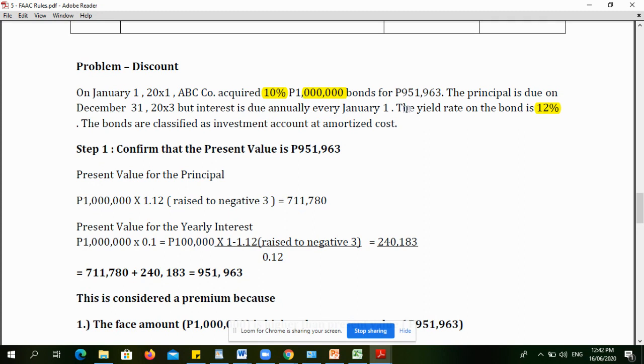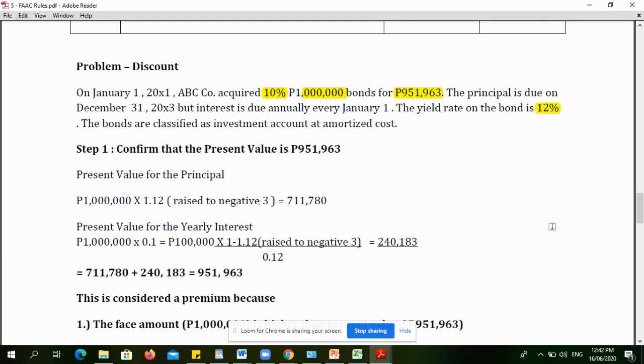At nakikita natin yung 951,963. So, okay, we will assume that this is the present value. But, again, going back, in the same way sa premium, we will double check if it is true. So, again, the principal is due on December 31, 2003, but interest is due annually every January 1.